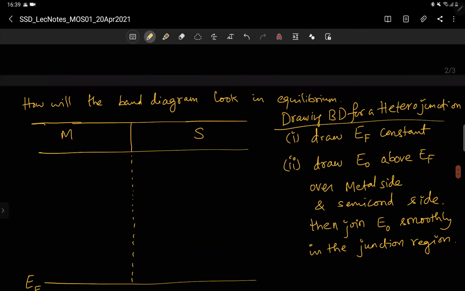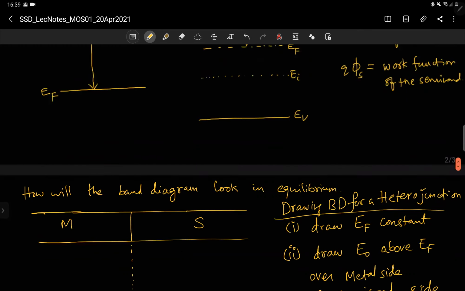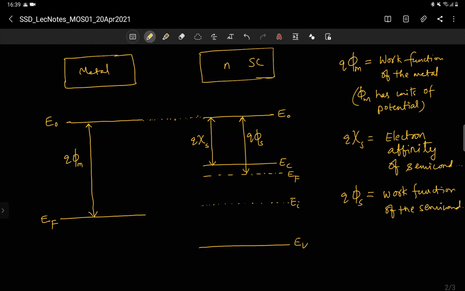Before coming to that, let me tell one more concept here. If you ask which of metal or n-type semiconductor is more like P and which is more like N, in the sense that you want to understand this metal semiconductor junction in terms of the already familiar PN junction physics, then we have to try to see it with the PN junction, because that is the junction we have been familiar with till now.